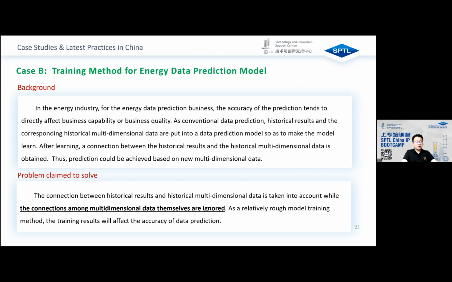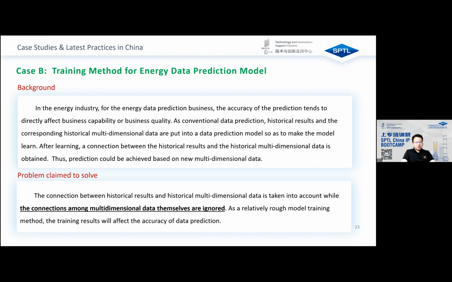After learning, a connection between the historical results and the historical multi-dimensional data is obtained. Thus, prediction could be achieved by means of these trained models based on new multi-dimensional data.